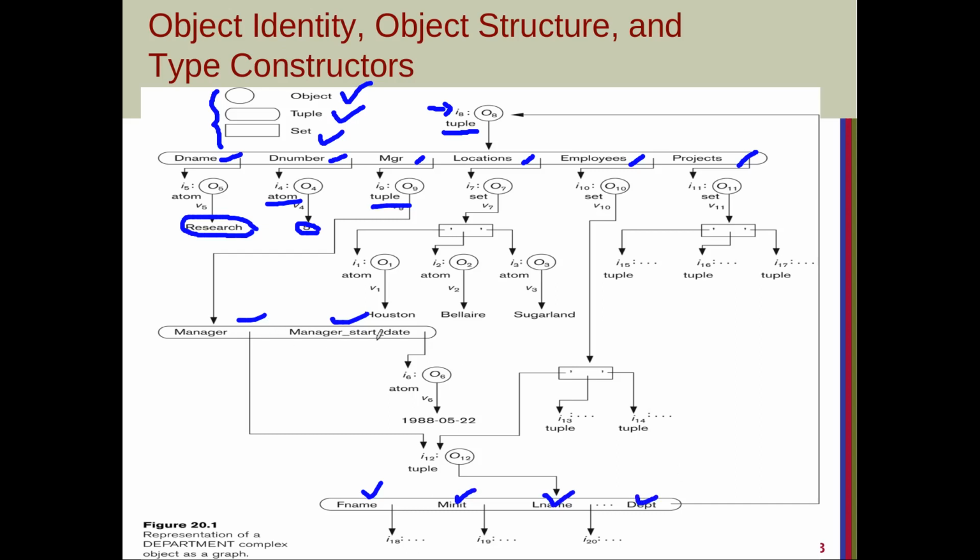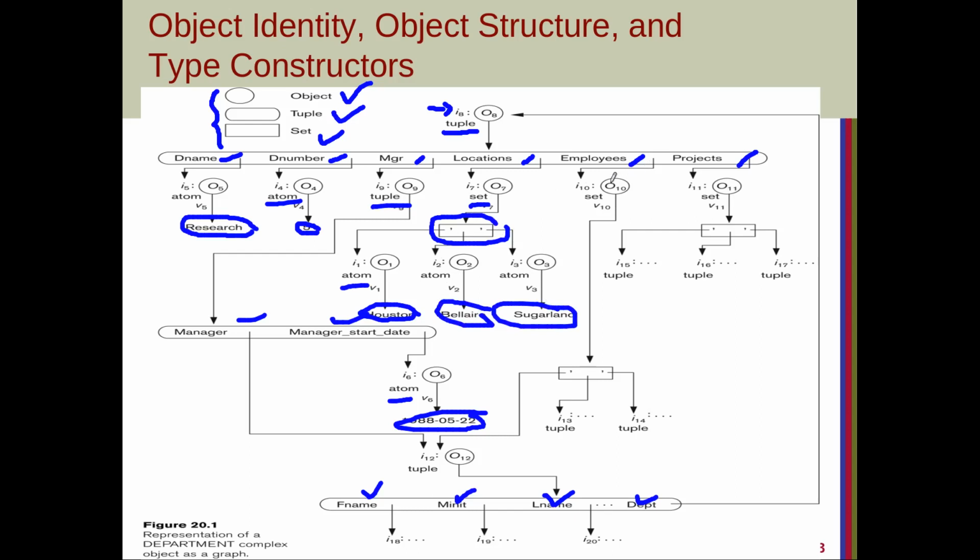Similarly, manager start date is again an object with an atomic value, and the date is given here. So this part is over. Then locations, I7, which is a set. So this is a set representation, a rectangle. Set one part is I1, O1, that is an atom, which is Houston. Then O2, I2, which is an atom, Bel Air. Then O3, I3, an atom, that is Sugarland. So this portion is also over.